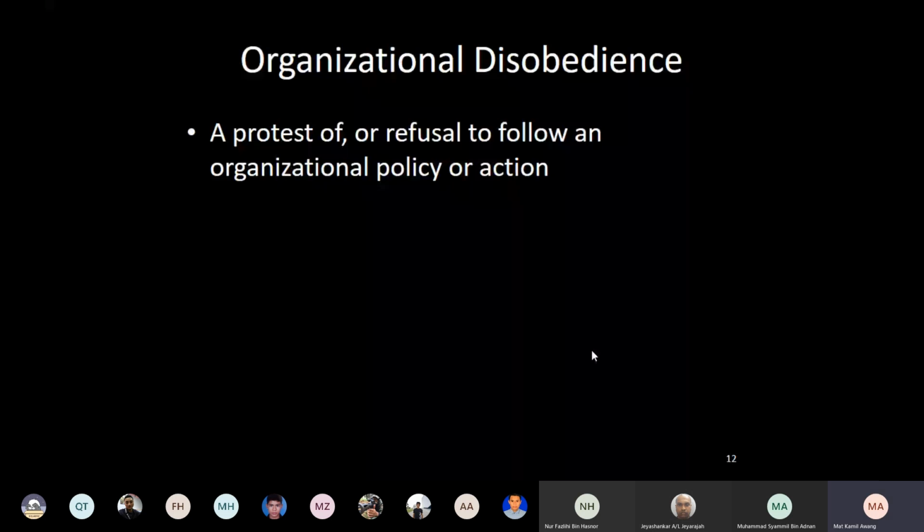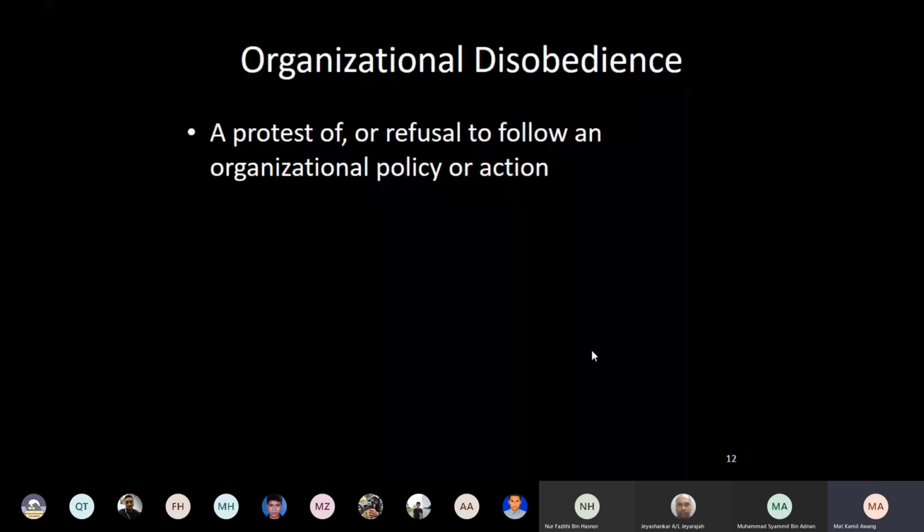In the civil service or in a private company, it's a bit loose. If you disobey, the company cannot immediately terminate you. It has to go through a certain process before they can terminate you.